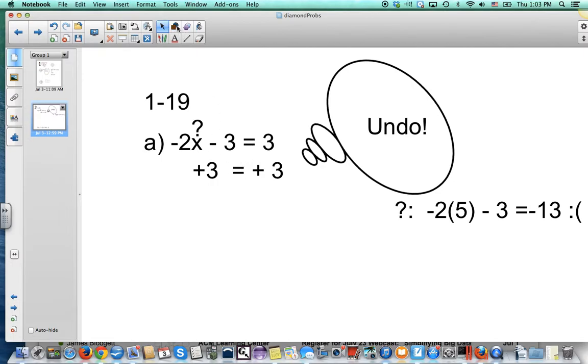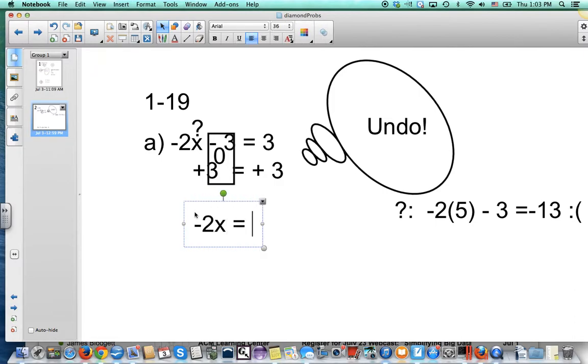This time you notice that when you do negative 3 plus 3, you get a big 0. That would be nice because now I got rid of that whole thing and I just have negative 2x. Then I add on the other side too. So I have negative 2x here on the left side, but 3 plus 3 over here is 6. So I could just write 6.